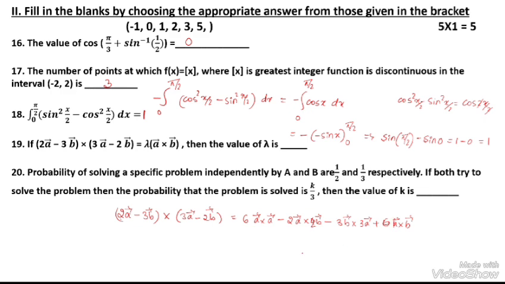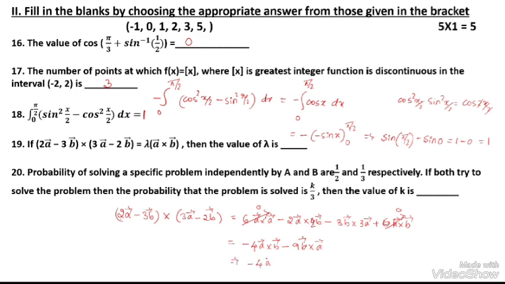In the cross product property, the same vectors give 0. Here minus 2 into 2, 4 vector a cross vector b, minus 3 3s are 9 vector b cross vector a.